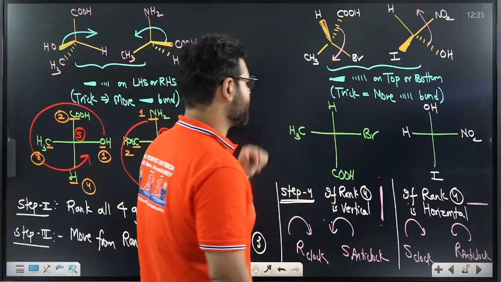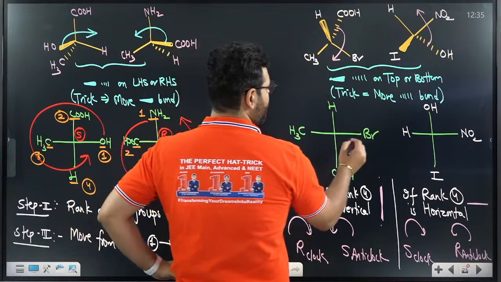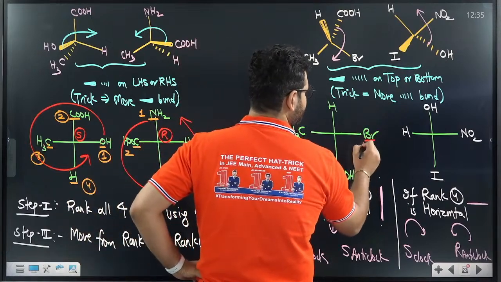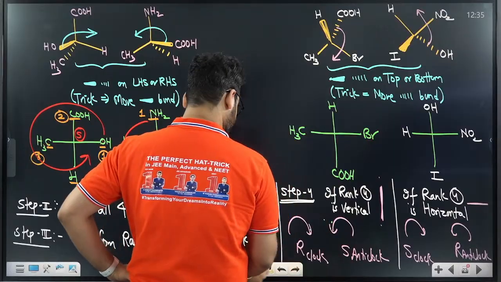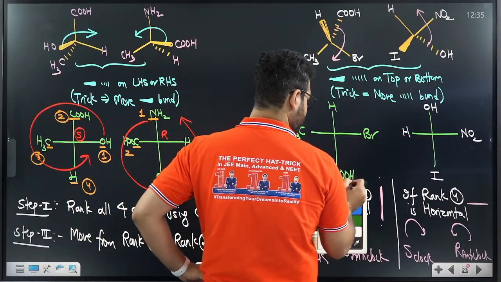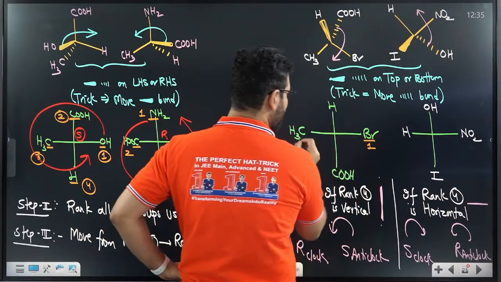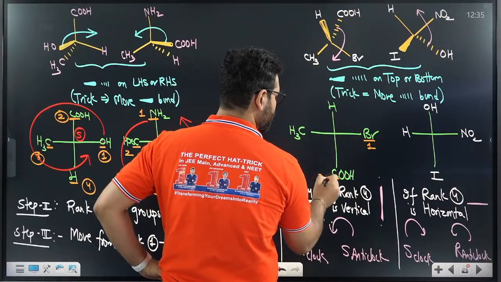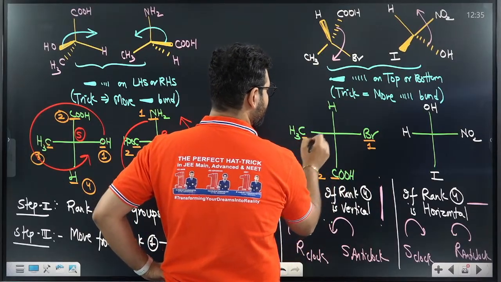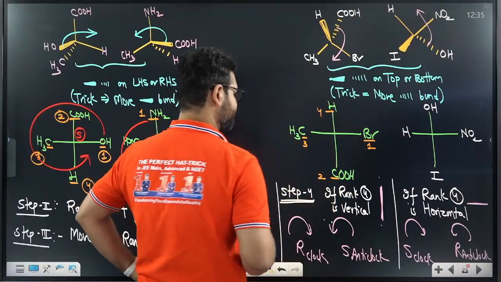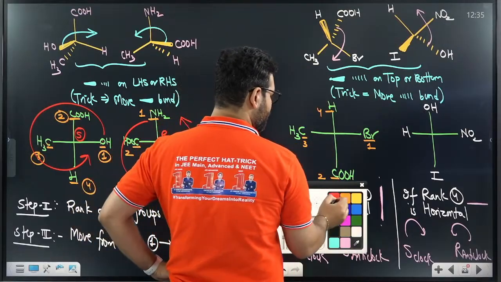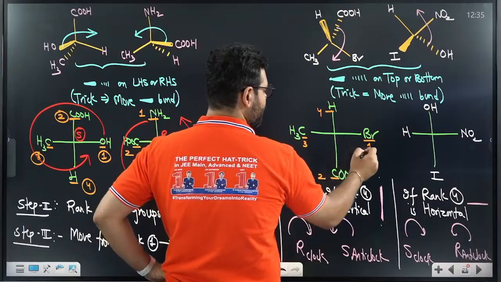Another example you can see here. Bromine gets rank 1. Carbon with oxygen gets rank 2. Carbon gets rank 3. Hydrogen gets rank 4. We have to move from 1 to 2, 2 to 3.